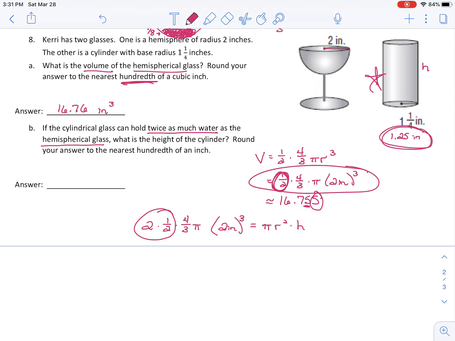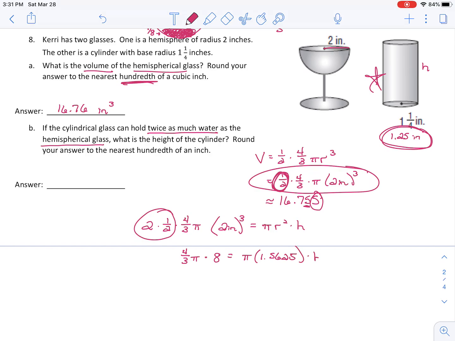So I'm going to combine some things. This cancels out. 2 times 1/2 is 1. I don't need to write that. I'm going to go ahead and keep the 4/3 pi. I'm going to cube my 2 and get 8. I'm going to square my 1.25.